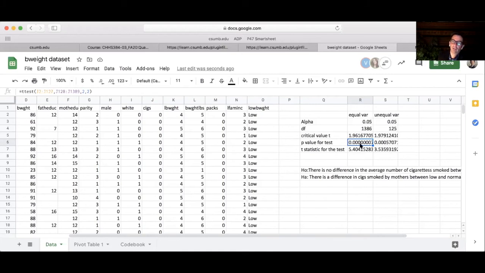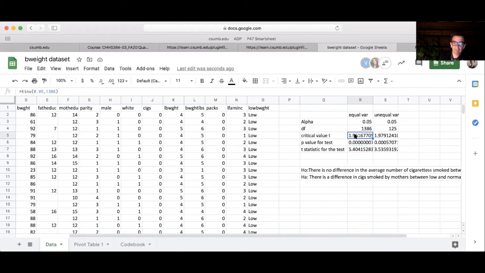So there is a very, very small chance that we would get a t of 5.4 if the null was true, right? That's what this p-value is telling us. Our t for this test is 5.4. It's much higher than the critical value. The critical value is 1.996.